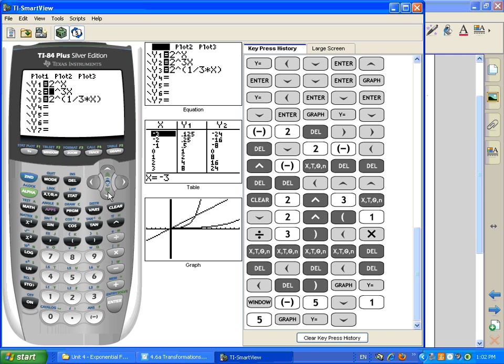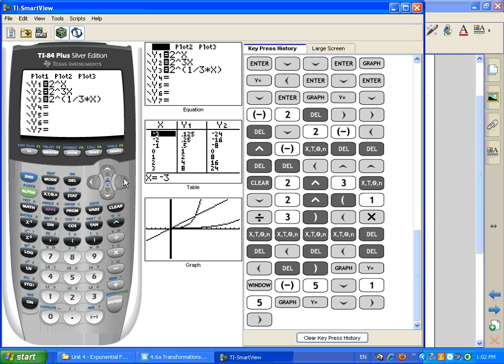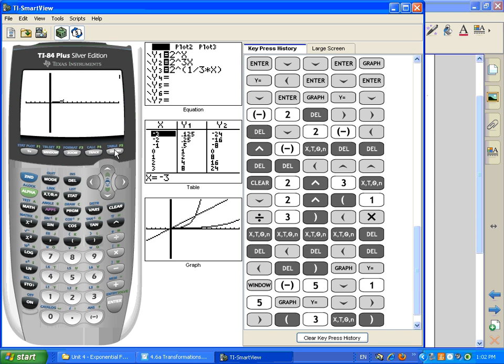Maybe I should just put this in brackets. I think I should put this in brackets. 3x. That's my problem right there, guys. Now we should be fine. There's the first one. Here's the second one. And here comes the third one.